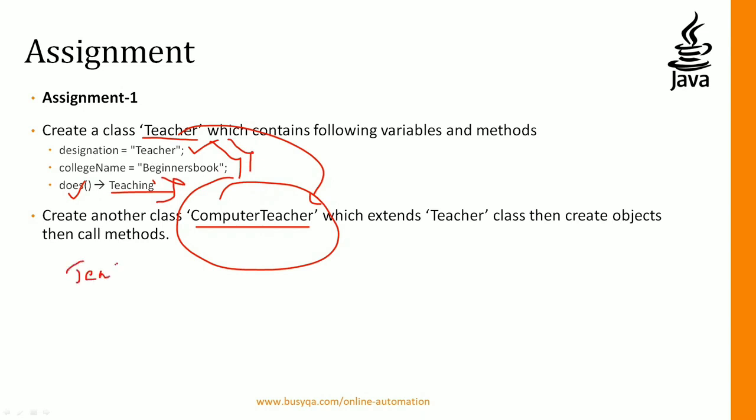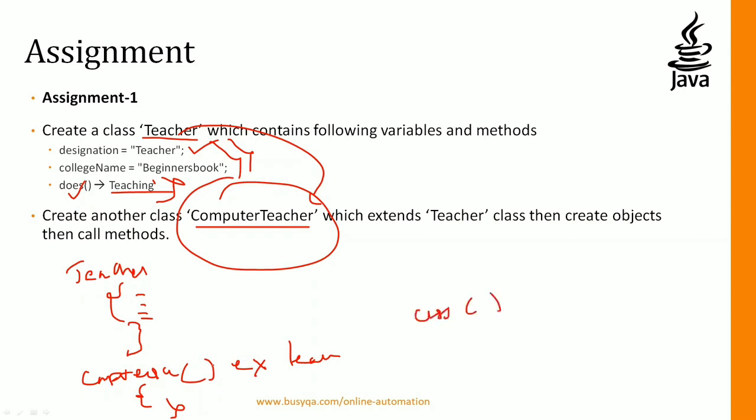Create the Teacher class, create all these variables and methods here, and then create one more class called ComputerTeacher that extends the Teacher class. Now here just use this variable, or can we override this variable, and then create a main class, and create an object for this child class and access all the variables and methods.